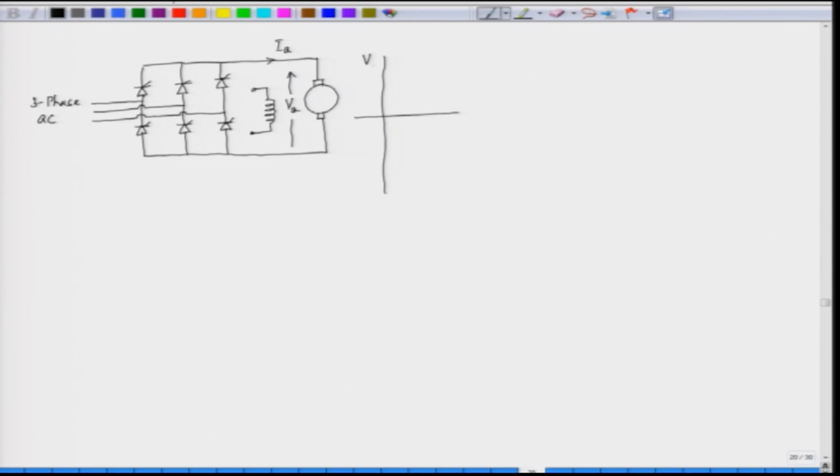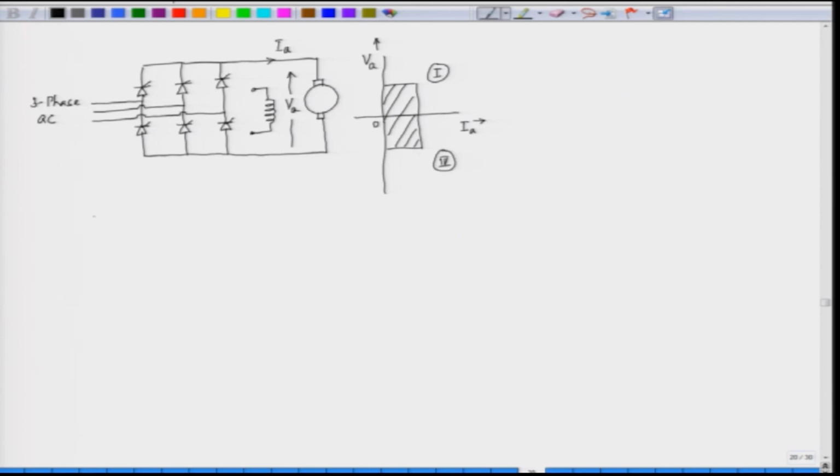If we see the operating quadrants here, this is the voltage in the y axis and current in the x axis. So, this is also a 2 quadrant converter. This can operate in the first quadrant as well as the fourth quadrant.